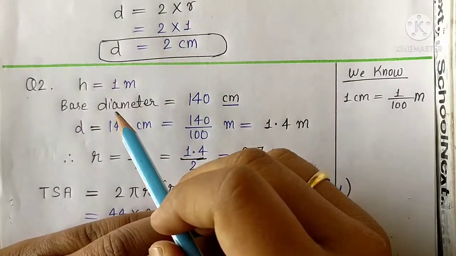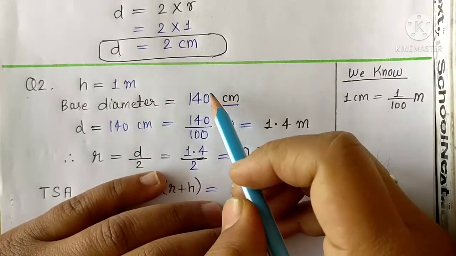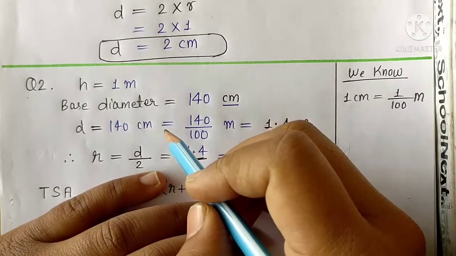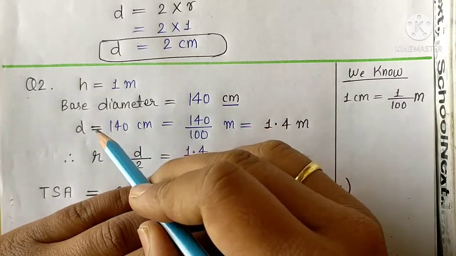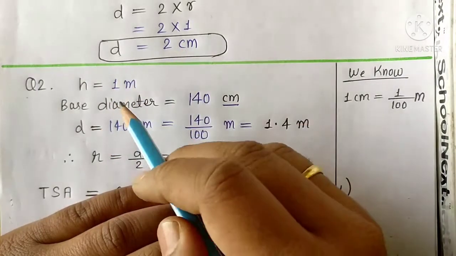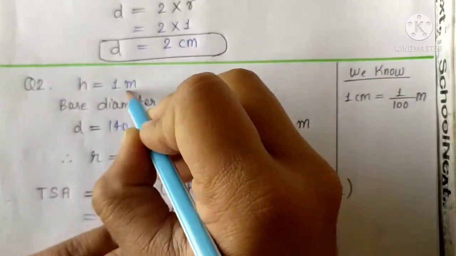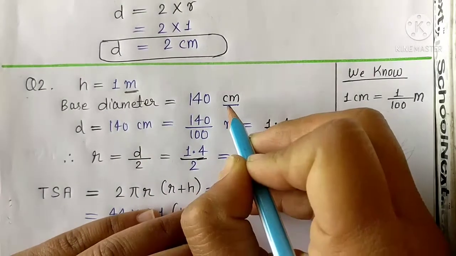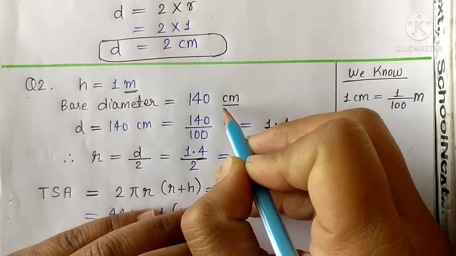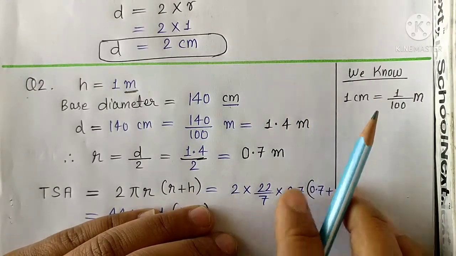On the basis of the given information, we have written height 1 meter and base diameter 140 centimeter. To find the radius, we have to divide this diameter by 2. But before that, height is given in meter but the diameter is given in centimeter, so we need to convert centimeter into meter. 1 centimeter equals 1 upon 100 meter.